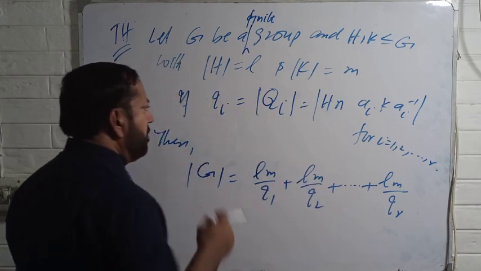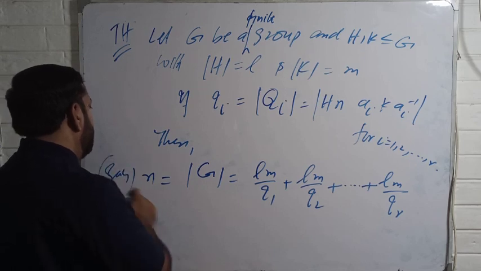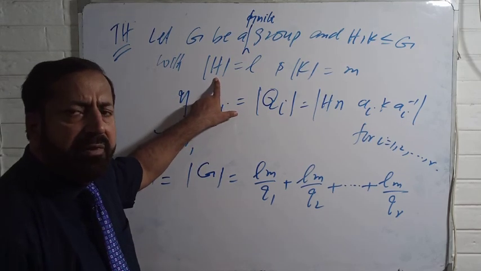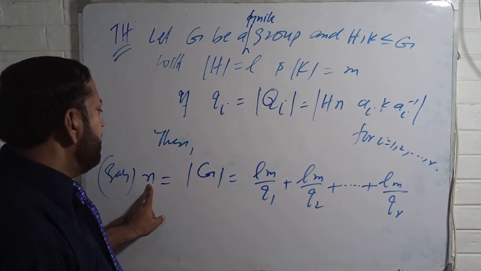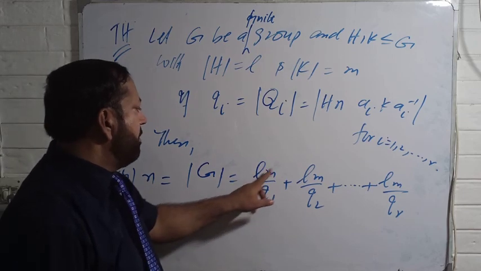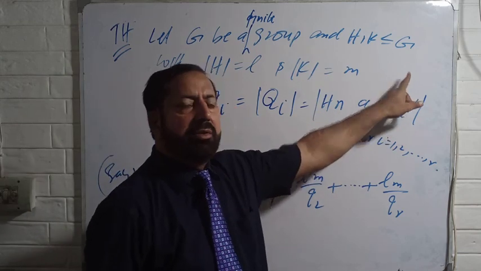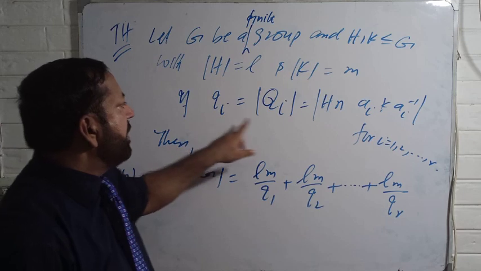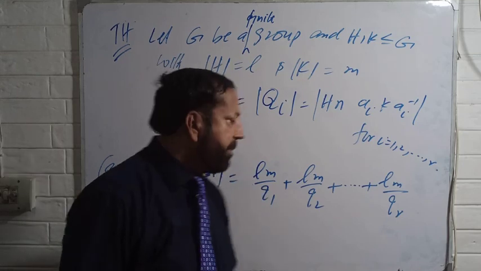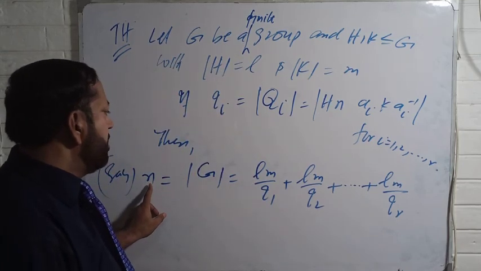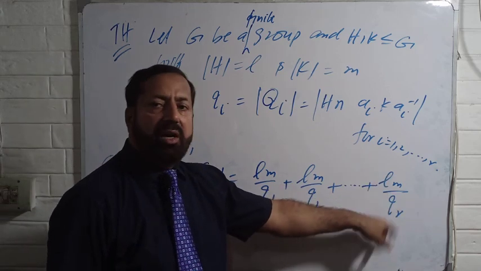Assume you can take order of G is equal to N. Now if order of H is L, order of K is M, and order of G is N, then this N can be written as LM by Q1, where Q1 is in fact the order of H intersection A1 K A1 inverse, and Q2 is in fact the order of H intersection A2 K A2 inverse, and so forth. Okay, so you can establish the result: N is equal to LM by Q1 plus LM by Q2 and so on, LM by QR, right?